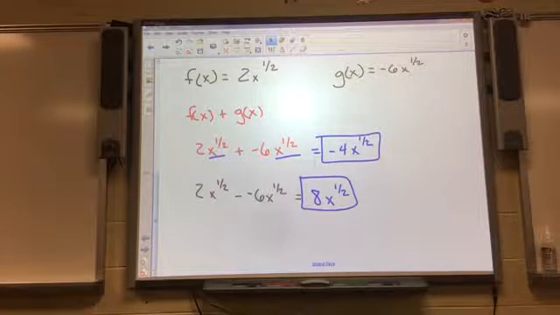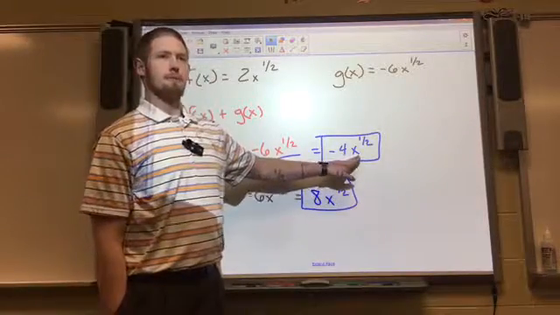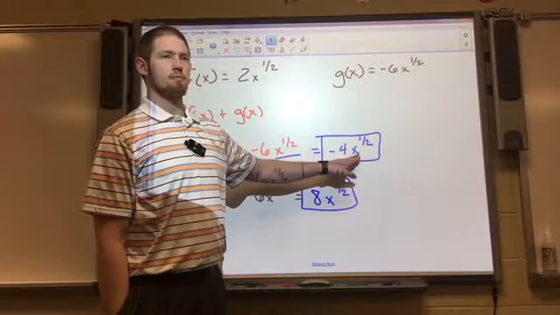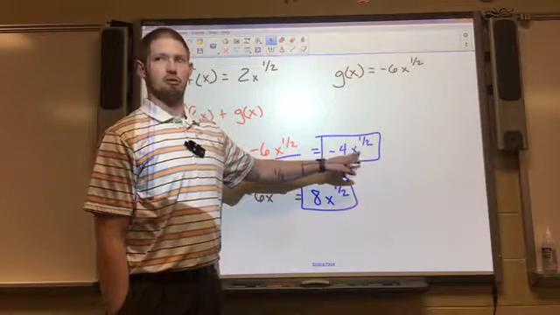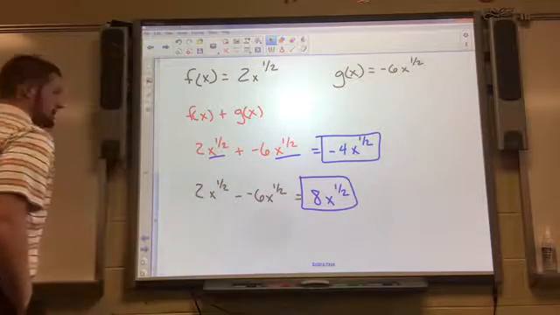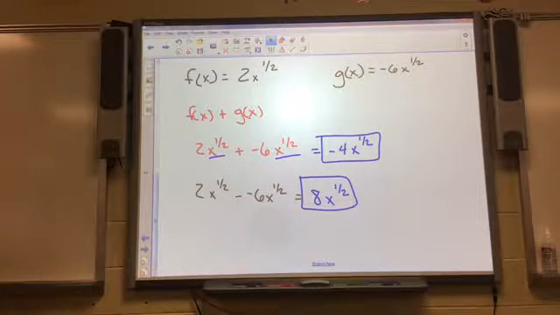Now the next part says the domains of the sum and difference. Domain is your x's, range is your y's. I know we talked about that briefly. So what we're asking ourselves is, what can x equal? What are our options for what x equals? Can x be negative? We want these all to be real answers. I'm going to write this over here real quick on the side.